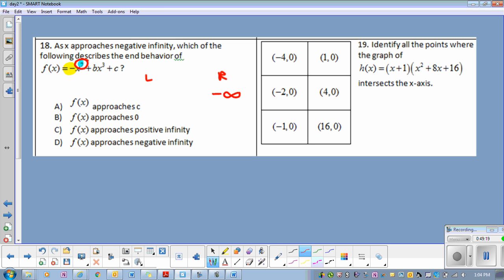So since this is odd, if your right end behavior is going down, then your left one has to be going up. So as x approaches negative infinity, which is your left end behavior, then f of x is approaching positive infinity. Does that make sense?